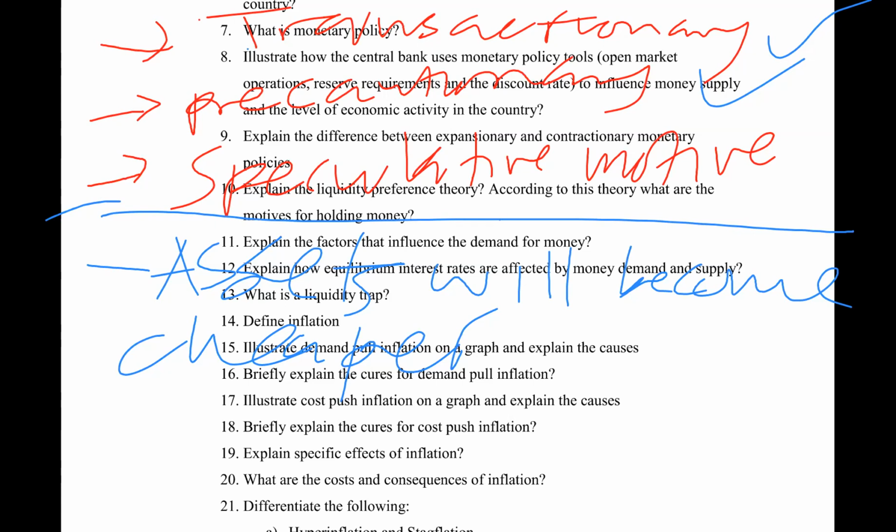Okay, so those are the three motives of holding money. Those who want to do research in this field of economics in fourth year, these are the topics you should be thinking about, right? You have heard the variables that influence the demand for money. We'll talk about those very soon.